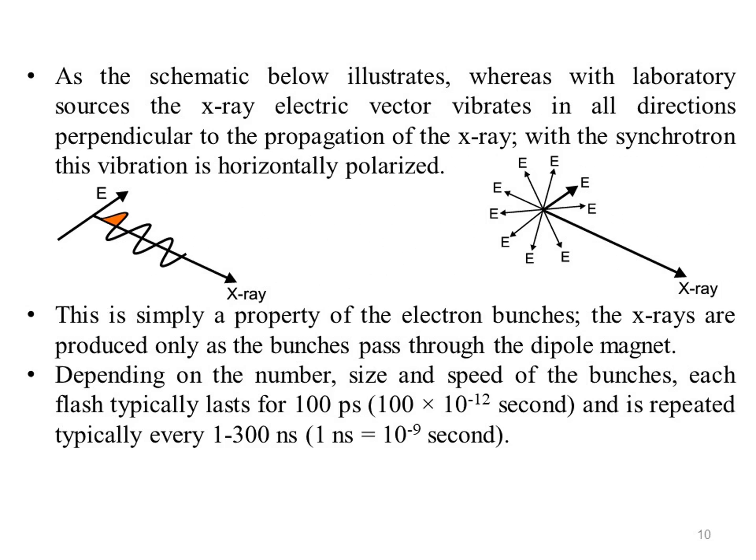As the schematic below illustrates, whereas with laboratory sources the X-ray electric vector vibrates in all directions perpendicular to the propagation of the X-ray, with the synchrotron this vibration is horizontally polarized. This has advantages which can be put to use in both synchrotron diffraction and spectroscopy.